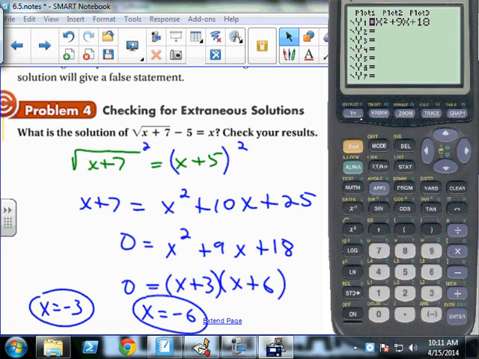The problem is what we did to do that is we squared a square root, and when you square a square root, some weird stuff happens. So we get x plus 7 under this root, close that, minus 5, and then minus the x. So I'm graphing this, and I'm looking for the 2 zeros. Well, there's not 2 zeros. Watch what happens. If I calculate a value when x is negative 6, the original function doesn't equal 0 like it should.